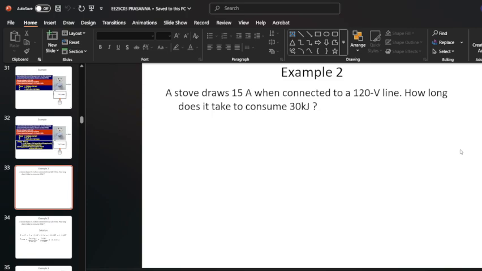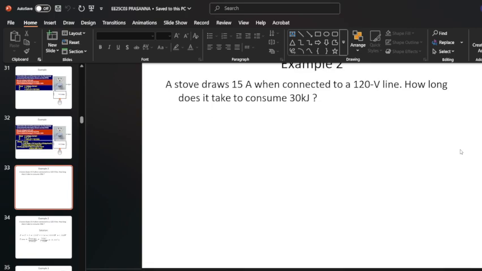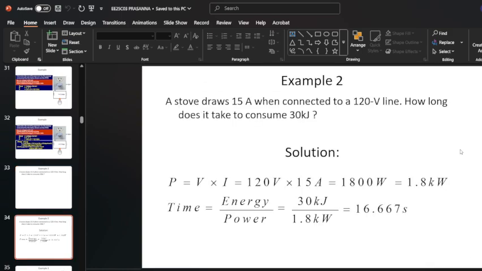Next, a stove draws 15 amperes when connected to a 120 volt line. How long does it take to consume 30 kilojoules? We know power is V into I: 120 volts, current 15 amperes, so 1800 watts, which is 1.8 kilowatts. Time is energy per power.